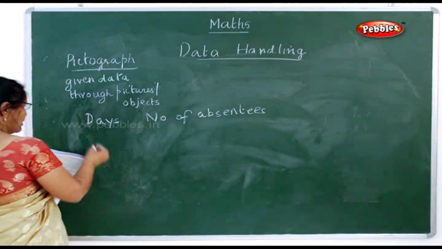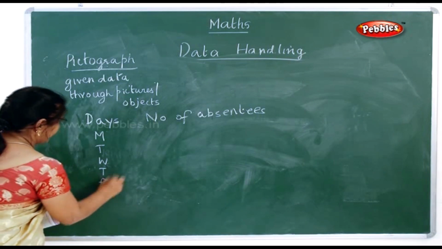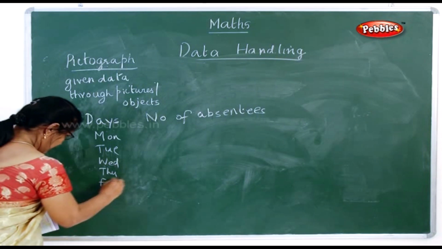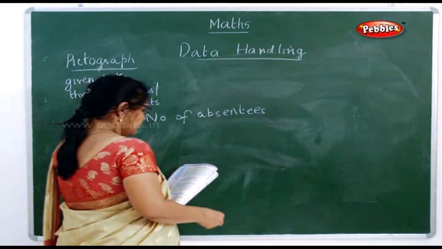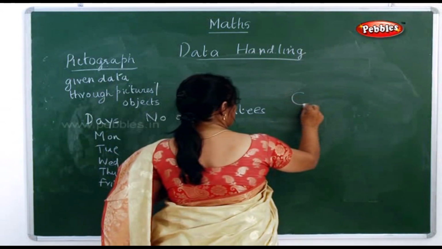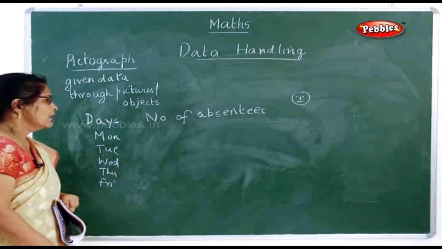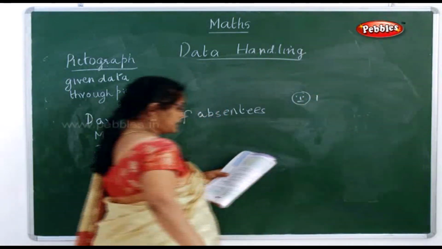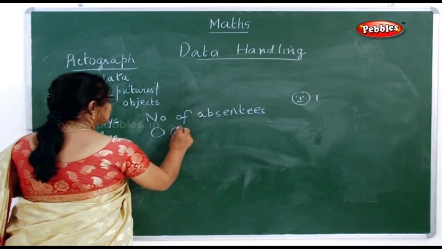Okay, the tabular column. Now Monday, Tuesday, Wednesday, Thursday and Friday. Now see this picture on Monday, it means 1 absentee. This picture represents 1 absentee. So on Monday, how many were there? You just see.